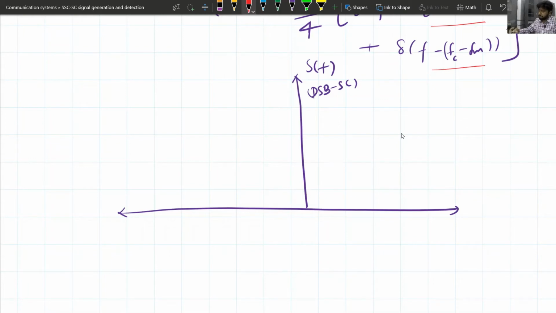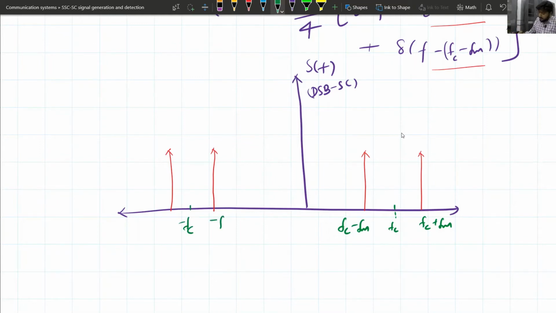It will be plotted in terms of delta functions at FC plus FM, FC minus FM, and similarly at minus FC plus FM and minus FC minus FM.